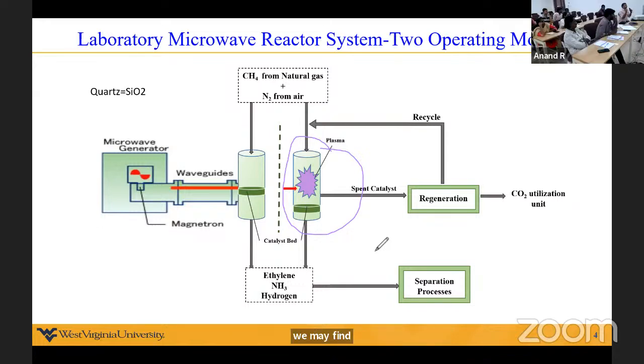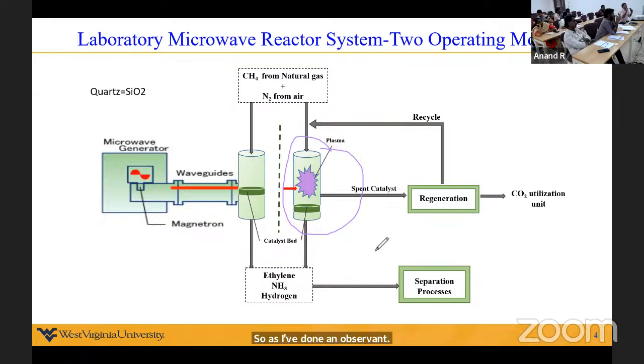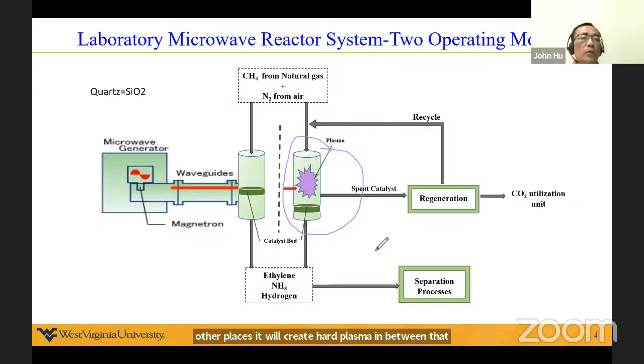Those colors indicate that hot plasma or localized plasma may be generated in between the catalyst. If microwave is absorbed by the susceptor or absorbent, it will create hot plasma in between the catalysts. Yes, it will. It's called microplasma.